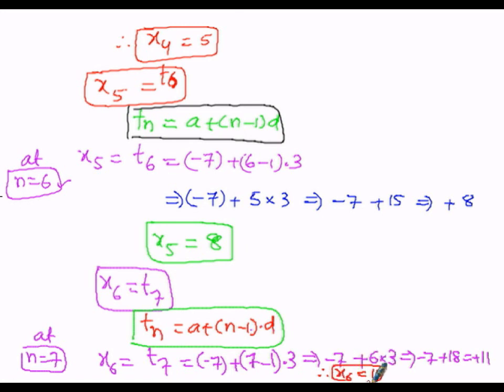Therefore x1, x2, x3, x4, x5, x6 are the six arithmetic means between minus 7 and 14.